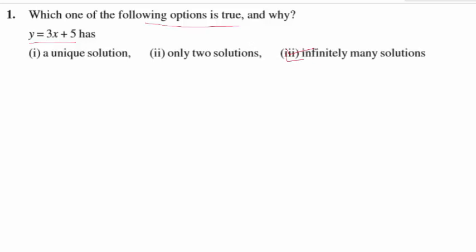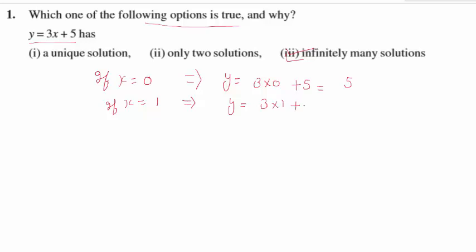And why? If x equals 0, then y will be 3 into 0 plus 5, and y will be 5. So x equals 0 and y equals 5 will satisfy the equation. Now if x equals 1, then y will be 3 into 1 plus 5, that is 8.